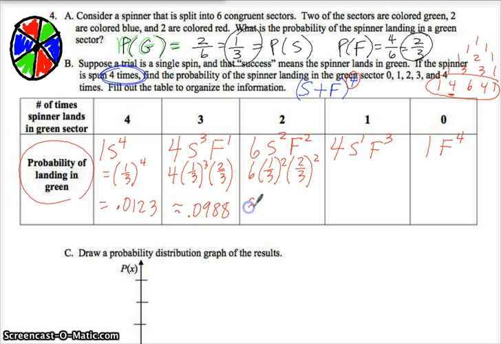You should be trying this on your calculator. If you want to stop and pause and try all these on your own, you could do that, and then check your answers. So you should have gotten 0.2963.